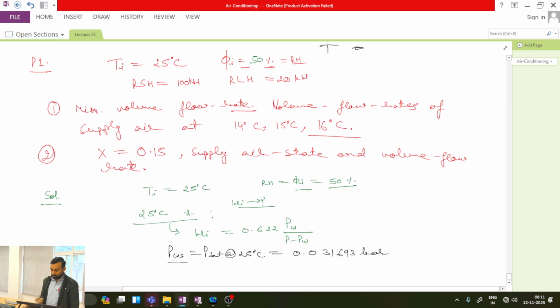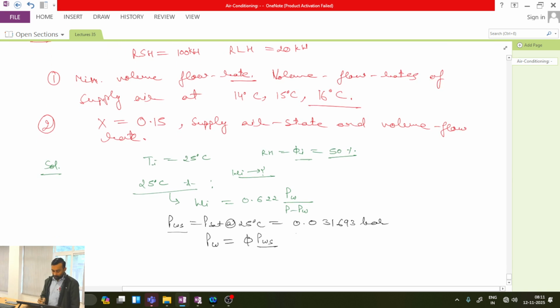Now we know that Pw, the partial pressure of the water vapor, is equal to phi times Pws. This we have already studied. If I make the substitution, I will get Wi equal to 0.00988. All are clear with this? Everyone has got this one?